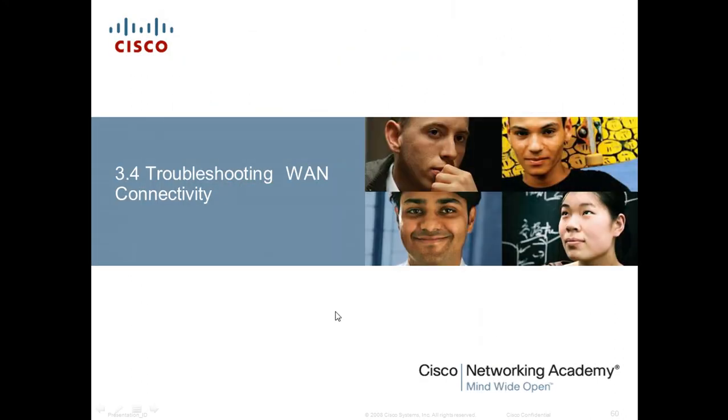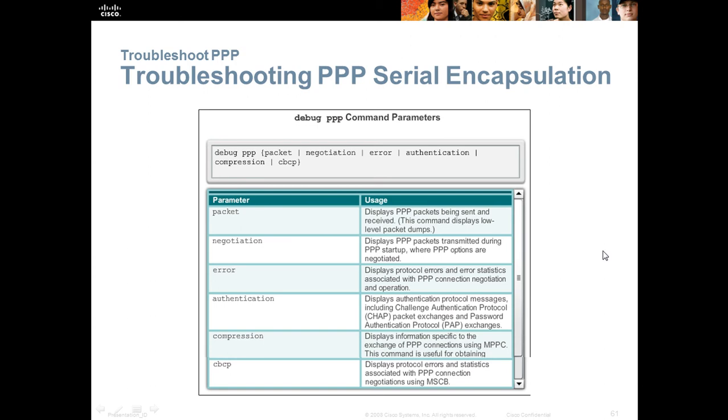Troubleshooting WAN connectivity. For troubleshooting the point-to-point serial encapsulation, we have different parameters which you can use with the PPP command. First we issue debug ppp, and then we can use different parameters such as packet, negotiation, error, authentication, compression, and CBCP.